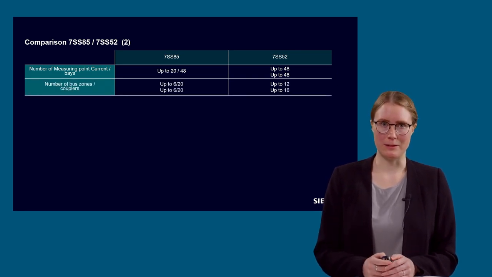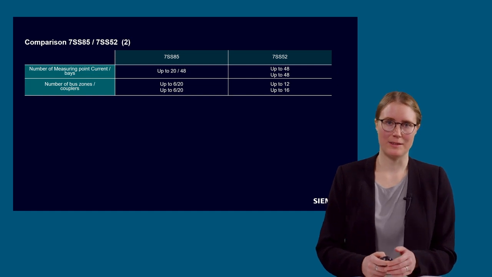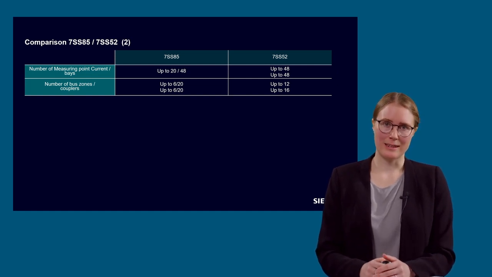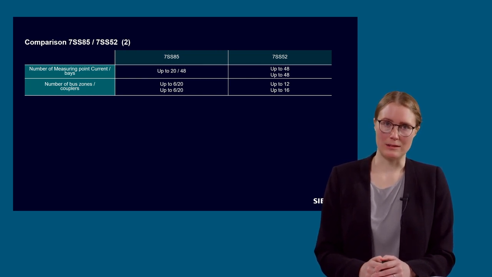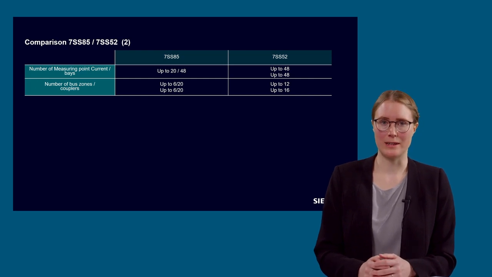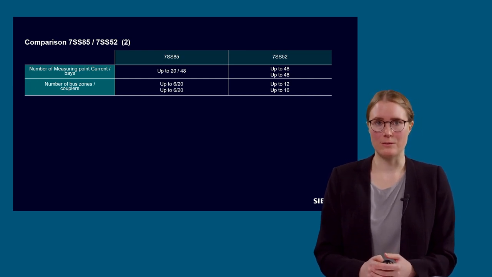The maximum number of bus zones are 6 for the 7SS85 centralized, the IEC 61850 compliant solution, and 20 for the 7SS85CU solution. Same with the maximum number of couplers. For the 7SS52, up to 12 bus zones and up to 16 couplers are possible.